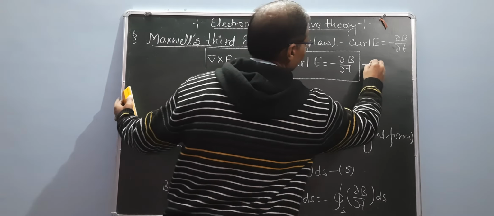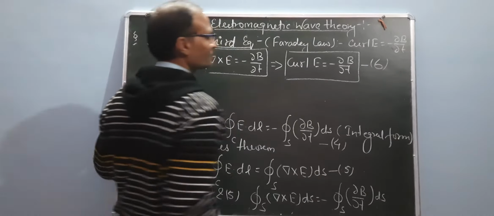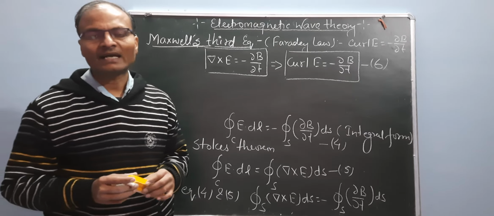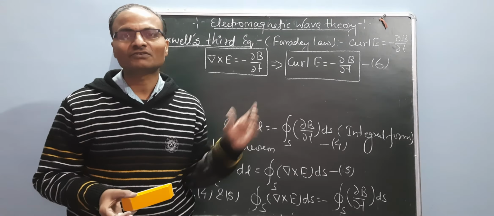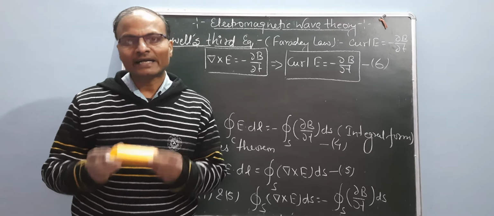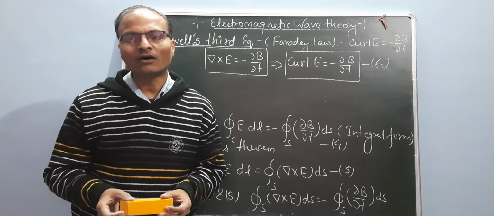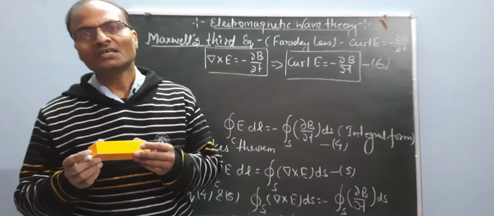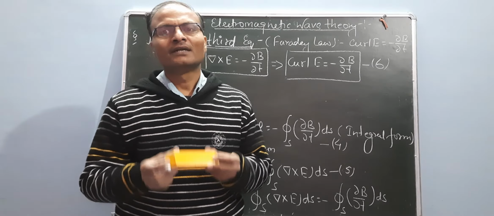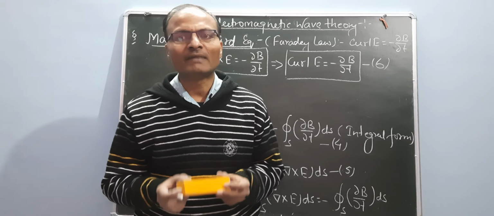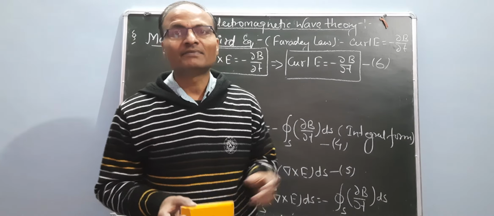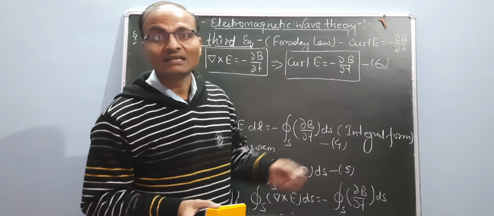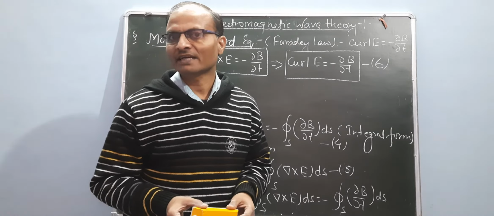This is equation 6. So what is the application and significance of this equation, Faraday law? The electromotive force around a closed path is equal to the negative rate of change of magnetic flux linked with this path.